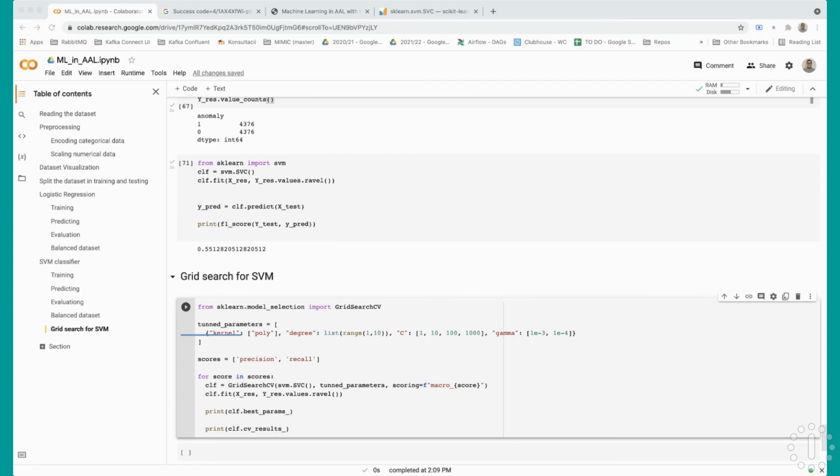Yeah, and after it, let's evaluate the model at the end.